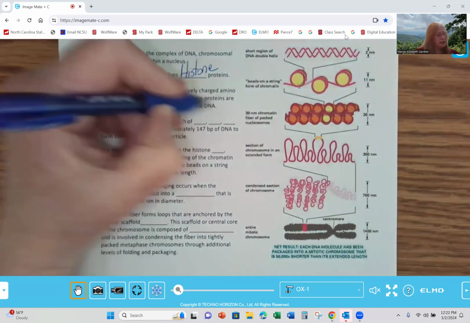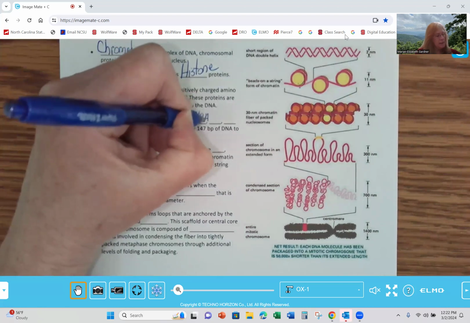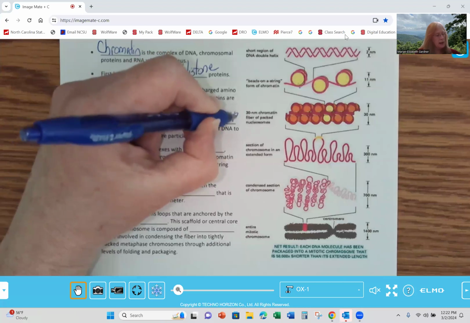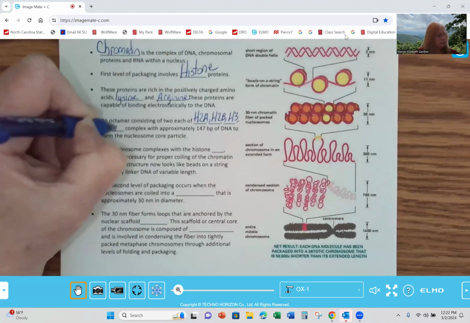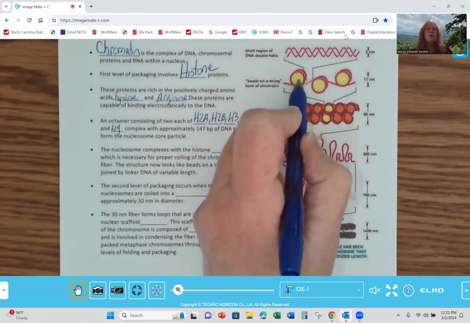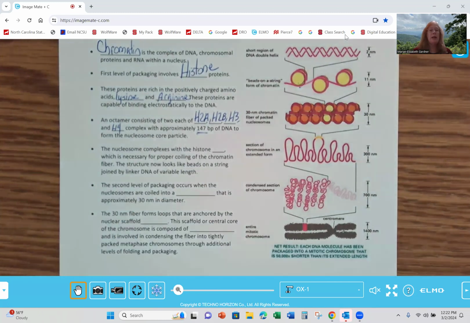That octamer of histones is 2 each of the proteins H2A, H2B, H3, and H4. And the DNA wraps right about twice around there, and it's right about 147 base pairs of DNA.